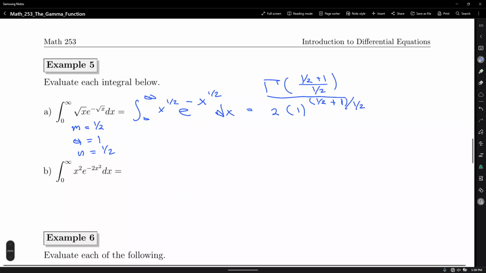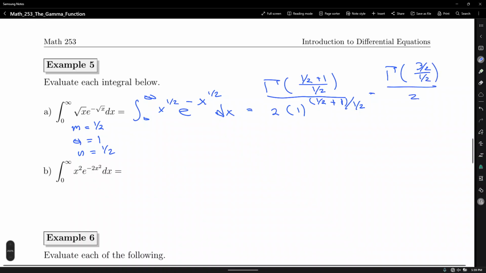Well, 1 raised to the crazy number, it's still going to be 1, agree? So this will be gamma of 1/2 plus 1. Is that 3 halves? Okay, so this is gamma of 3 halves over 1/2, divided by 2.